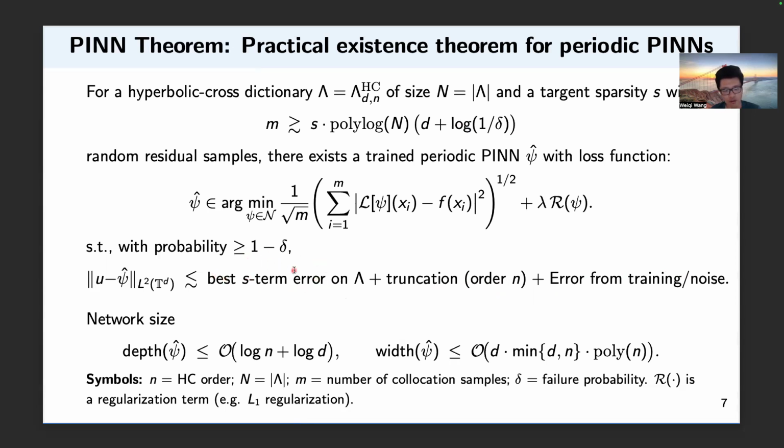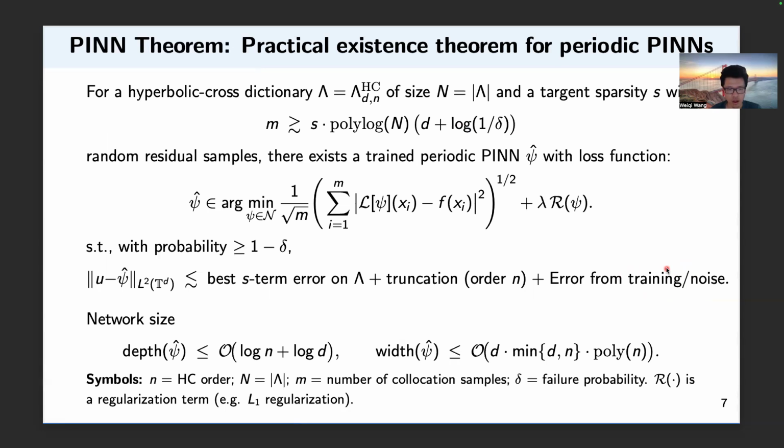This is the price of only using S important frequencies in the Fourier basis. And a truncation part, this is the price of using a finite dictionary lambda instead of the full space. And then the third term is the training error or the error that comes from noise. This part of the error comes from sampling and optimization.